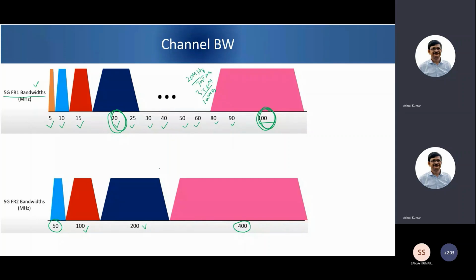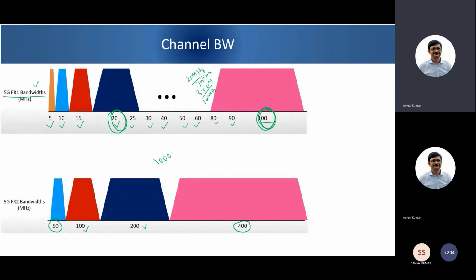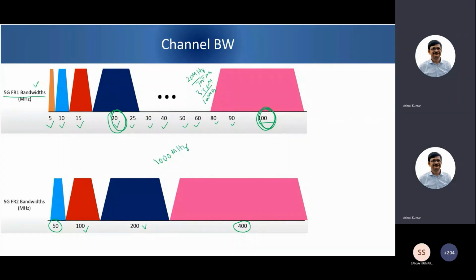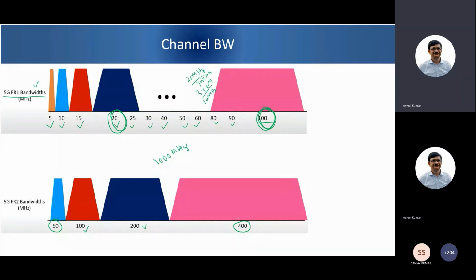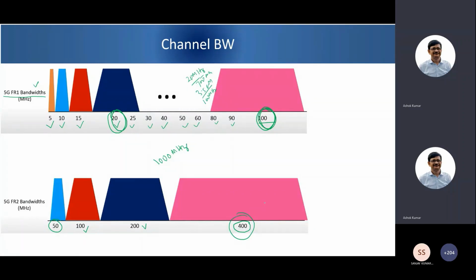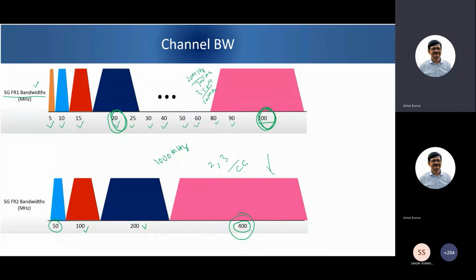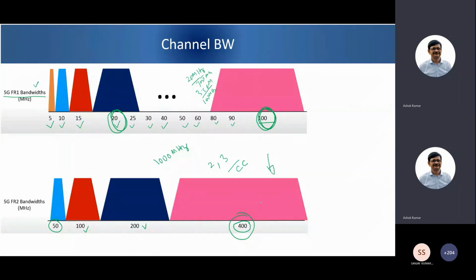And in FR2, they have 1000 megahertz available, so they can use even 400 megahertz or less and use carrier aggregation, so they can create 2 or 3 carrier components, and they can have effective channel bandwidth of more than 400.